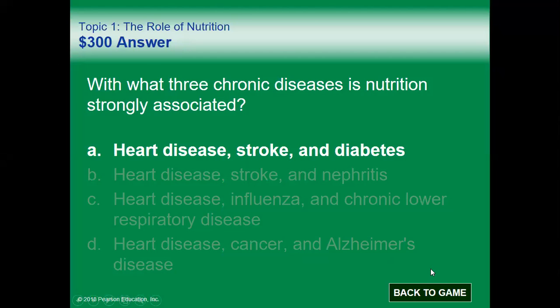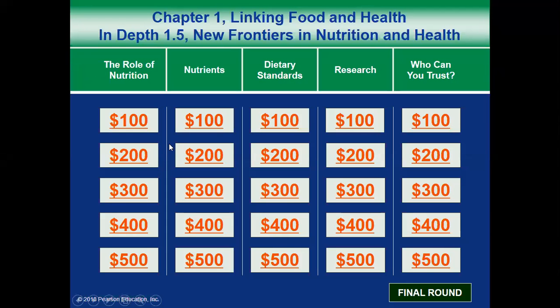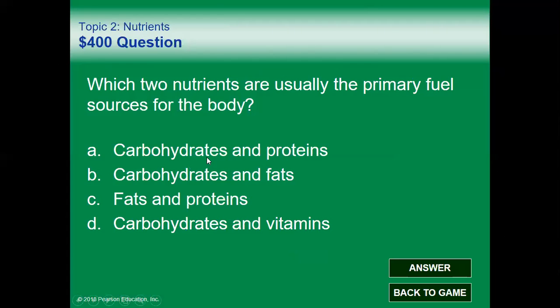Mm-hmm. Good. What 2 nutrients are usually the primary fuel sources in the body? B. Carbohydrates and fats? Yeah.